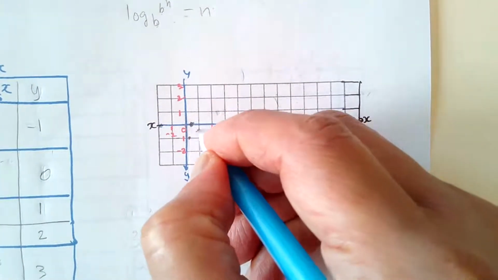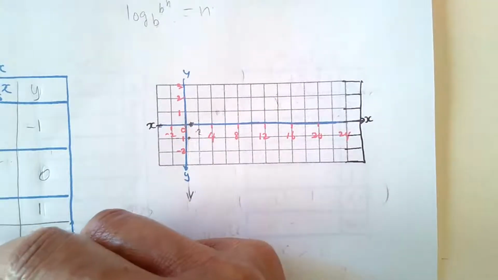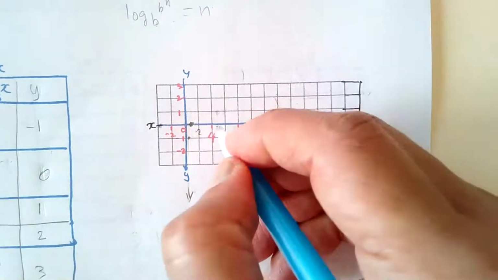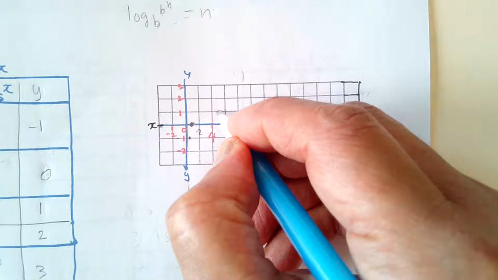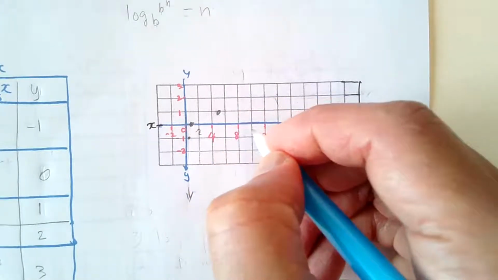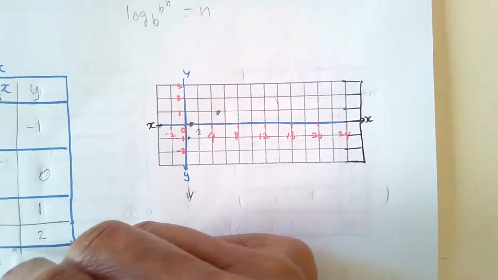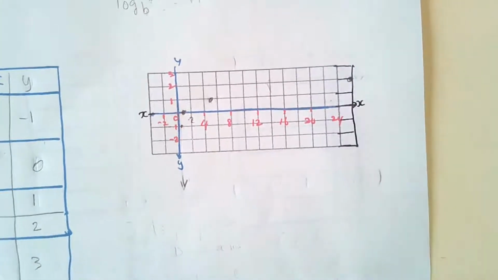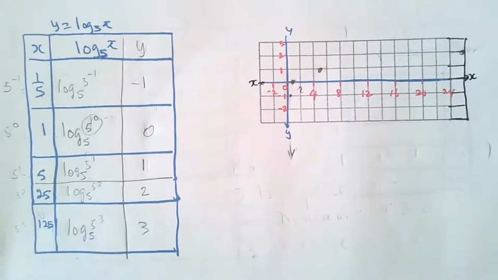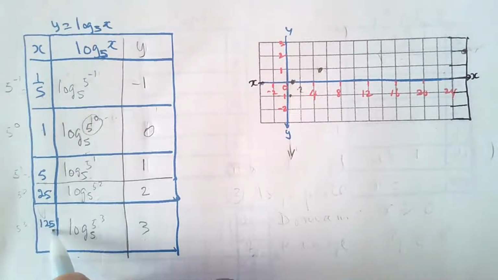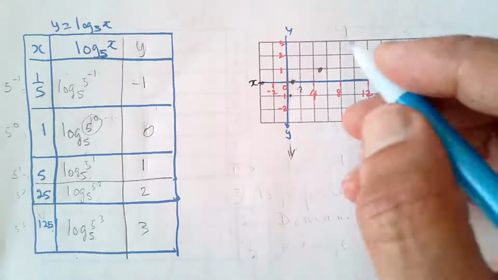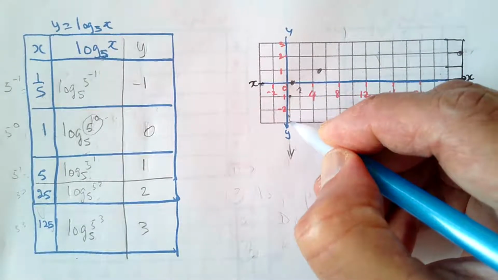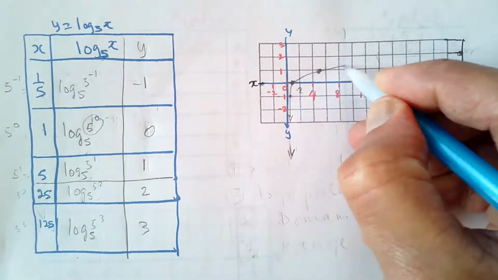This would be 2 here. x is 5 and y is 1. x is 25, y is 2, which is way here. My last one is 125, which is way off my scale, so I'll use what I have. So this graph is going up.